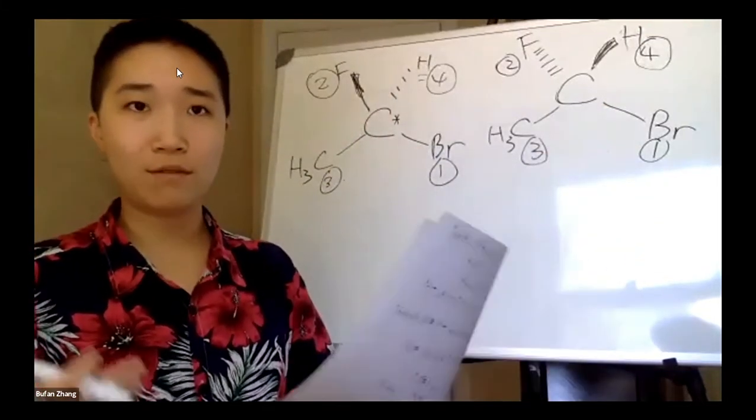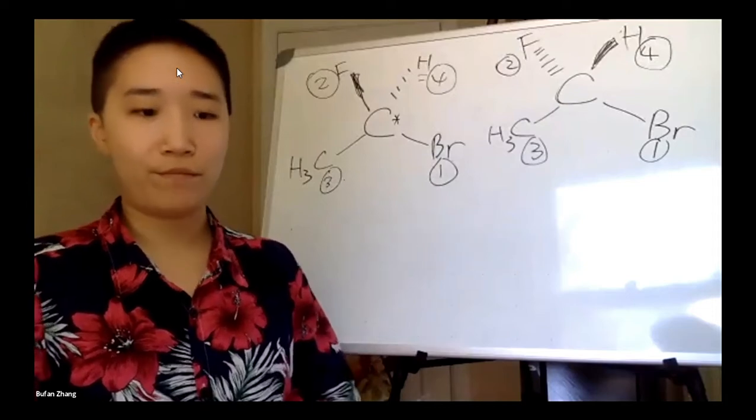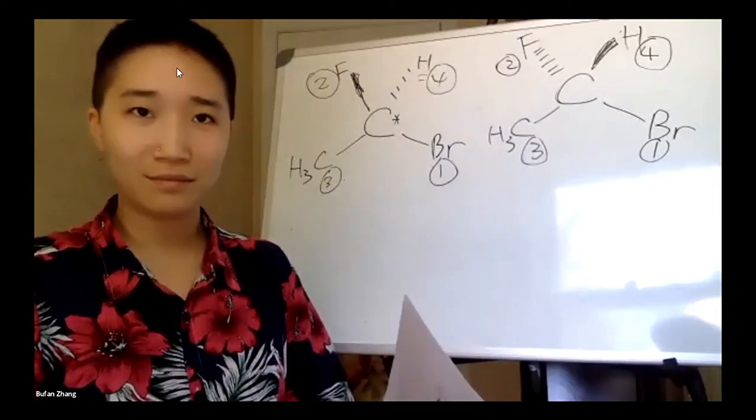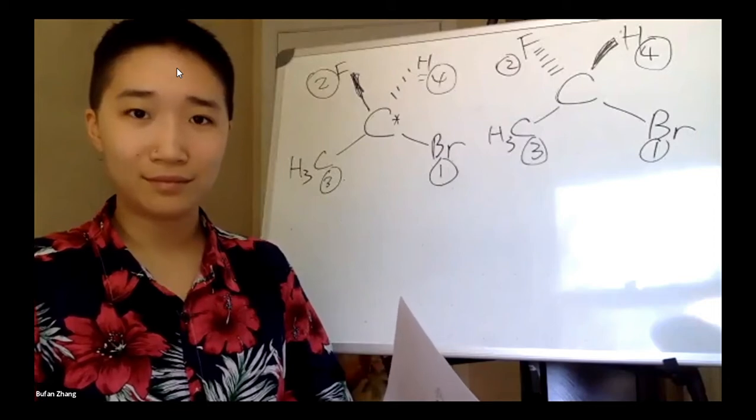Step number 1 and 2, I did those for you. Step number 3, who remembers what it was? Rotate the molecule until the hydrogen is facing inside the board. Yes, you're absolutely right.